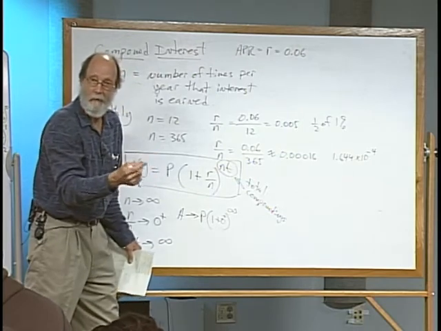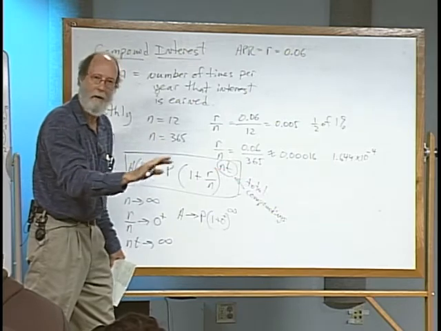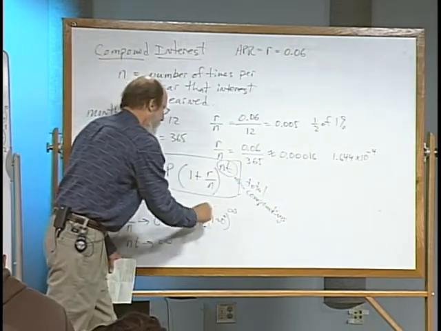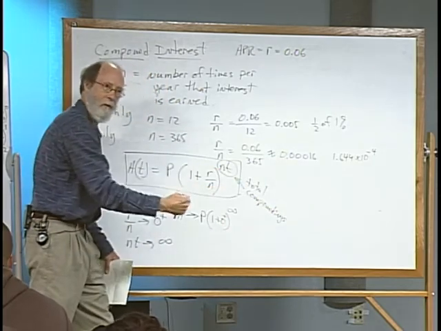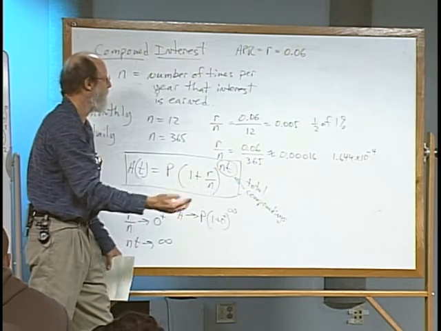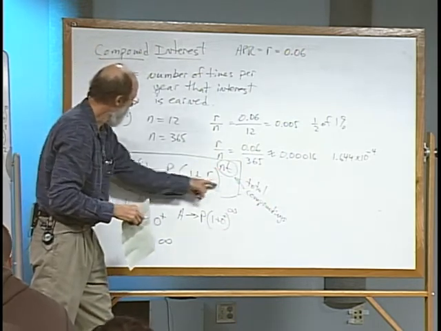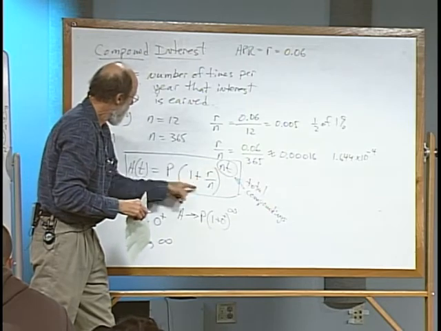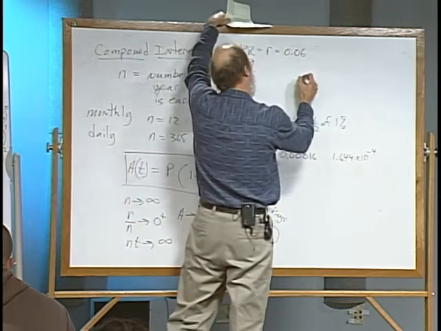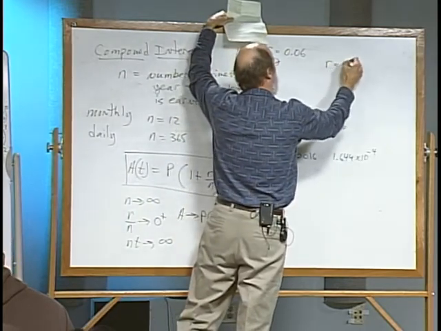Now that's a fairly sophisticated idea. And at this level, you're not in calculus yet. So the best way to interpret this is to look at a table of values of how this thing gets driven. So what I want to do is take just this part of it, and build a table. Let R equal 100%.